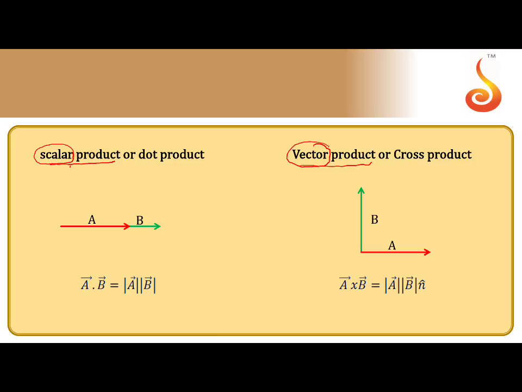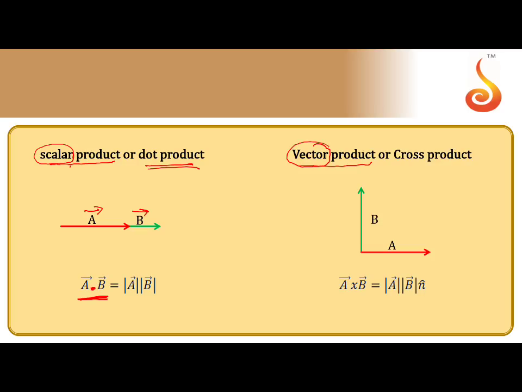Let us consider two vectors A and B acting in the same direction. Again, I am repeating, I am taking two vectors A and B acting in the same direction. Their scalar product is represented like this: vector A dot vector B. To represent the scalar product, I am using a dot symbol, hence it is also called the dot product.